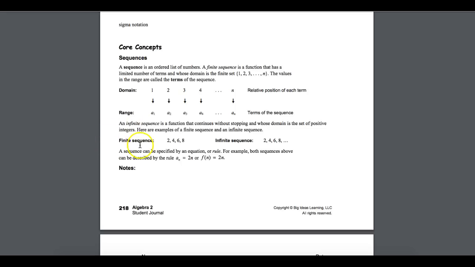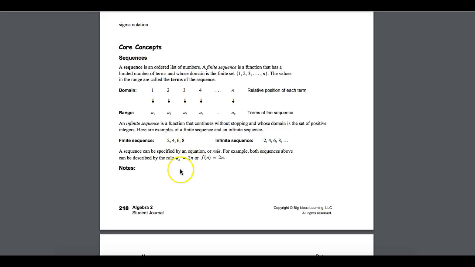Now, you can use specific equations or rules for your sequences. For example, if you look at both these sequences and series right here, 2, 4, 6, 8, and notice the infinite one has the ..., that means that it's going on forever. These are just even numbers.